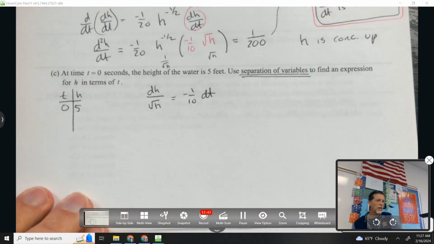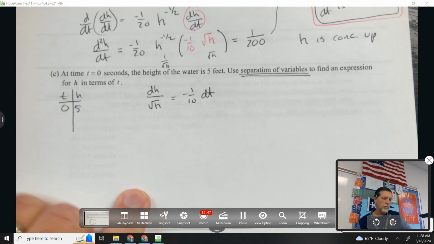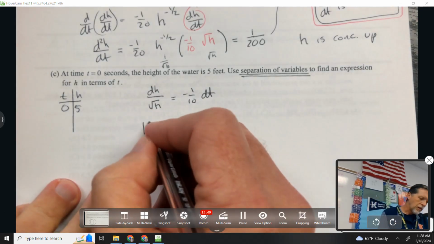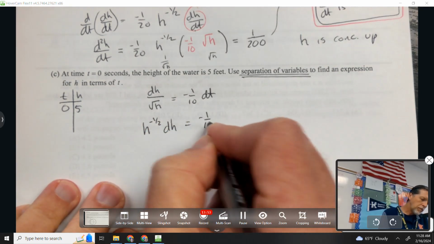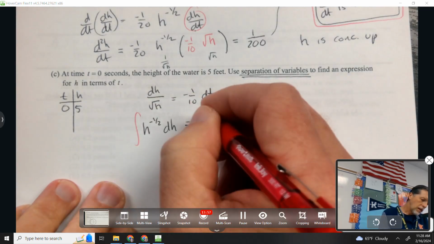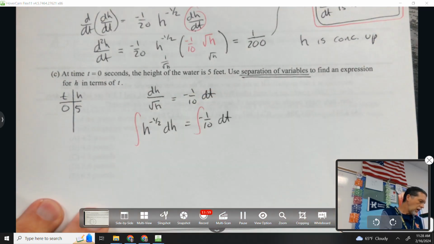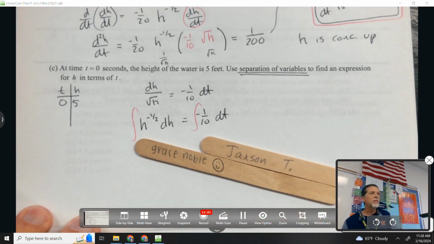There's my separation. I don't really want to integrate yet because I don't like this square root business. I'd rather write that as h to the negative 1/2. Then I can integrate, and ask Grace and Jackson to help us.